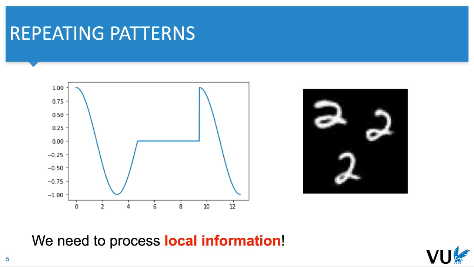Of course, they are very similar. They share some similarities. And if we have a bigger image with 3 digits on it, and we change the position of these digits in this black square, then we would like to notice where these 2's are.